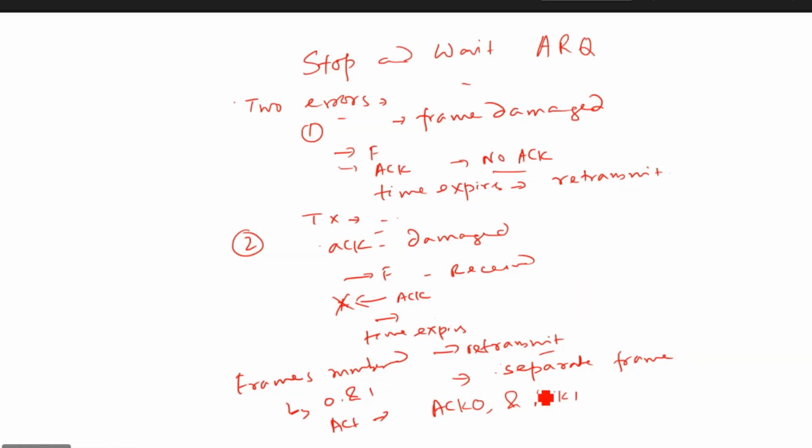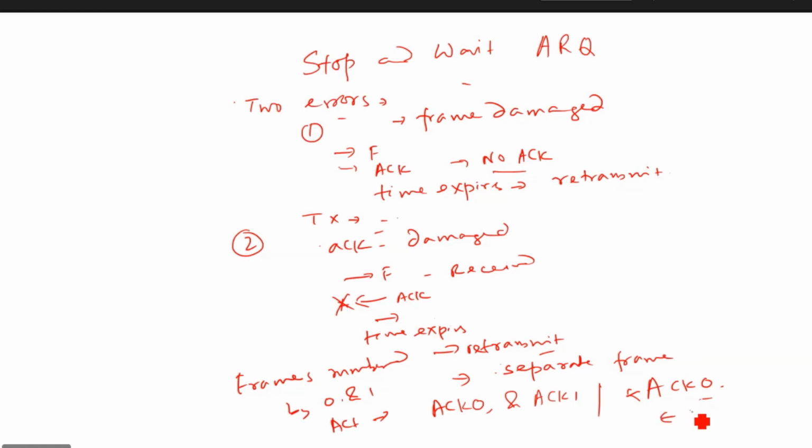They are the positive acknowledgements. What is the meaning of ACK 0? Suppose it transmits ACK 0. That means it has received frame number 1 and is ready to receive frame number 0.